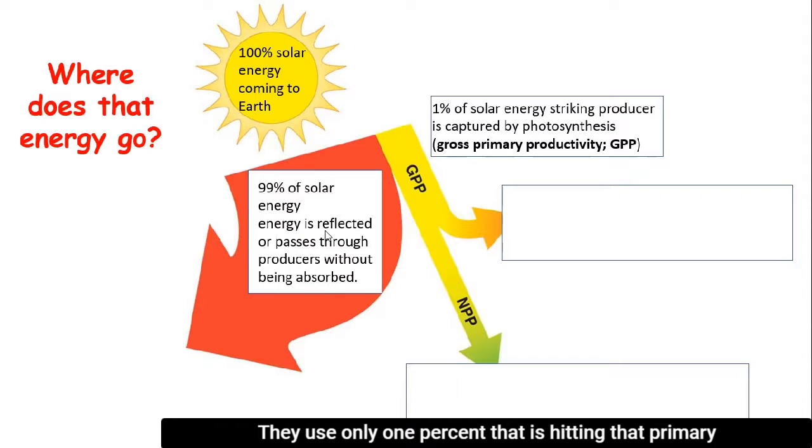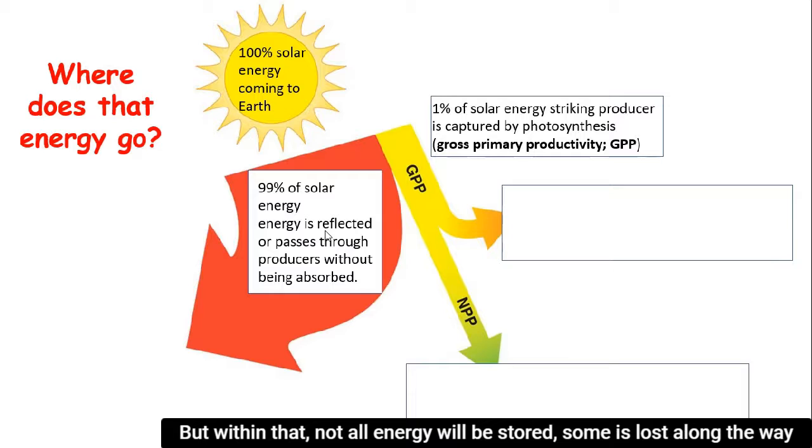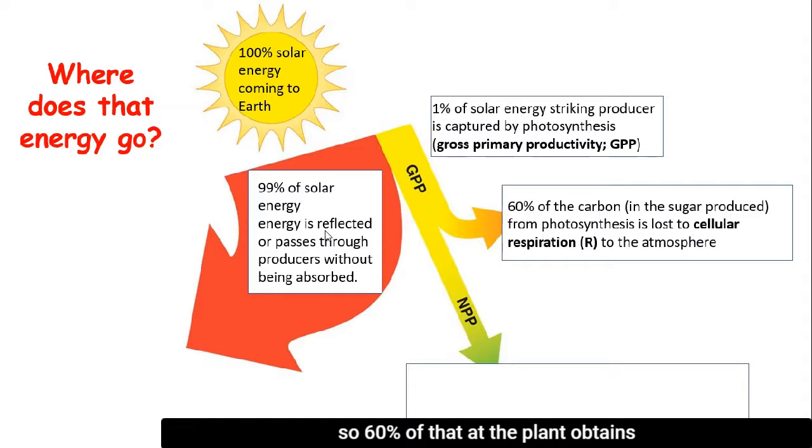Only 1% that is hitting that primary producer is actually used and captured by photosynthesis. Think of that again as your total photosynthesis, that gross photosynthesis. But within that, again, not all of that energy is used. Some of it is lost along the way.